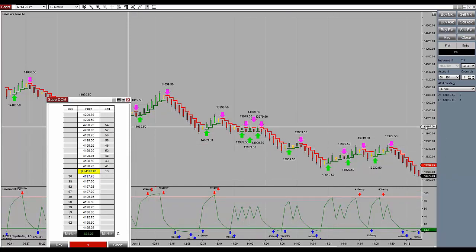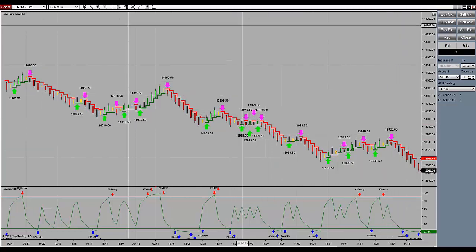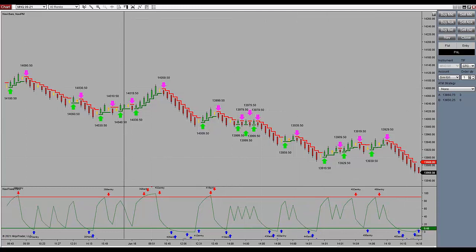All right, so everyone should be able to tell me if you were trading the Nasdaq right now, which direction you should be trading. So Nasdaq continuing to go down, E-mini is going down as well.